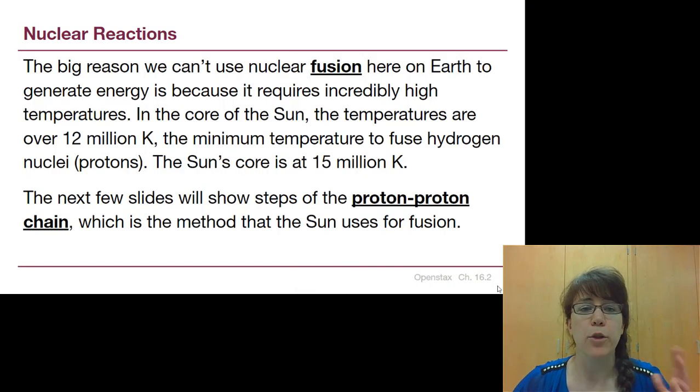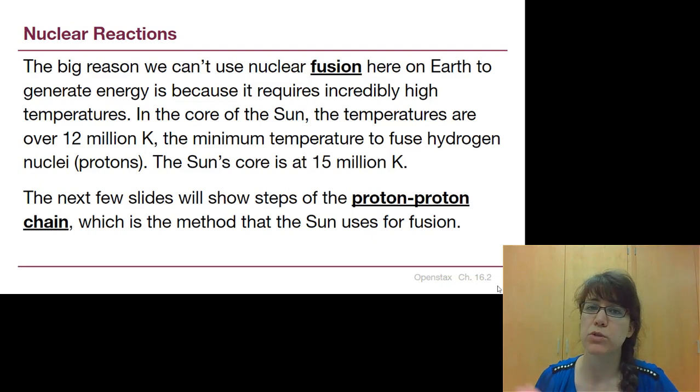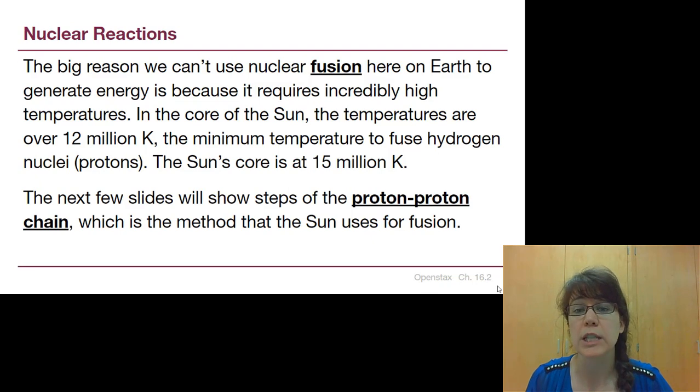Okay, now the big reason that we can't use nuclear fusion here on Earth, even though it would be a lot more effective, since we're going further down the curve, and it wouldn't produce radioactive byproducts, which is a problem for our nuclear reactors, one that we deal with fairly well, but is still something we have to deal with. The reason that we can't use nuclear fusion is because it requires incredibly high temperatures and densities.